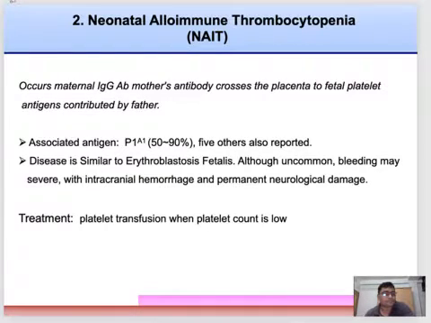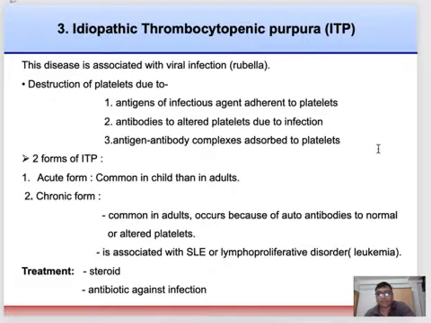So the final one, idiopathic thrombocytopenic purpura. These reactions are usually associated with viral infection, for example, rubella infection.